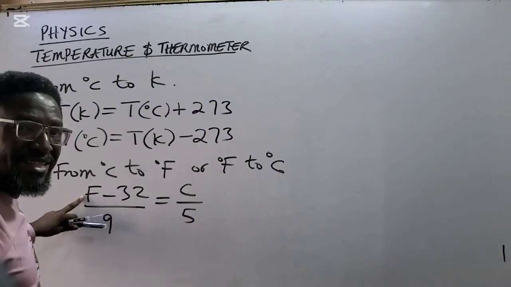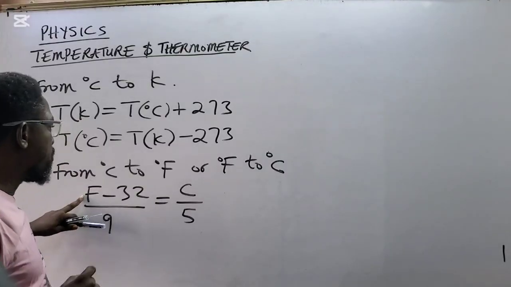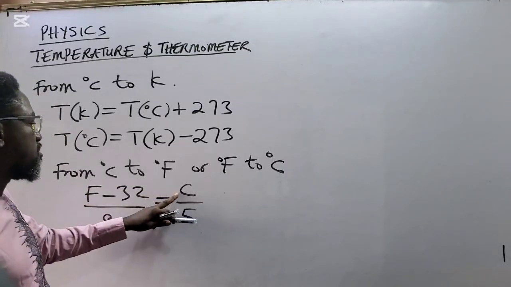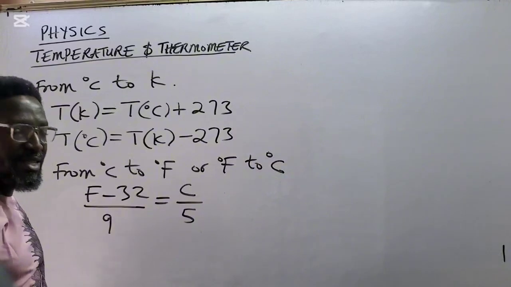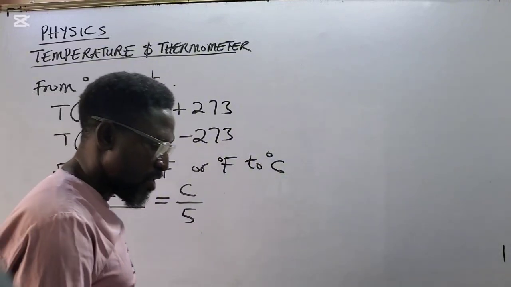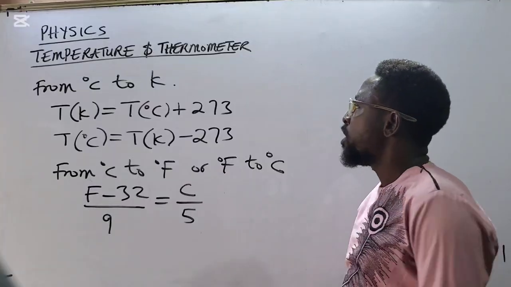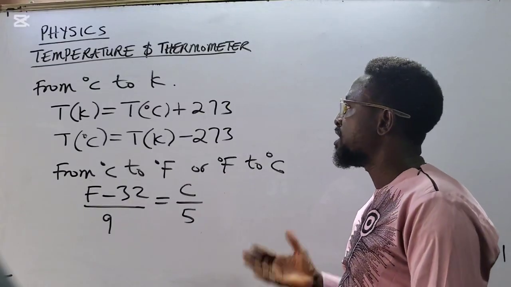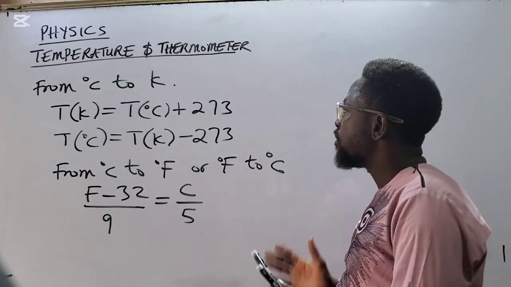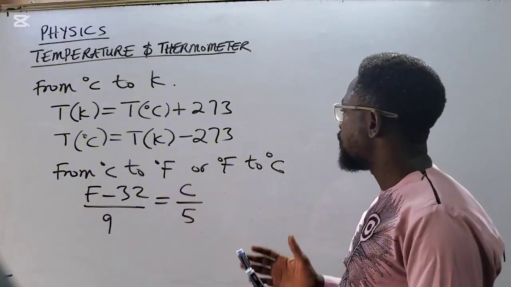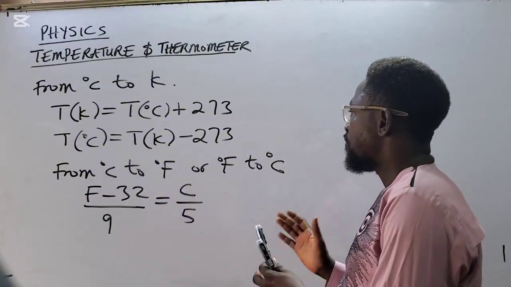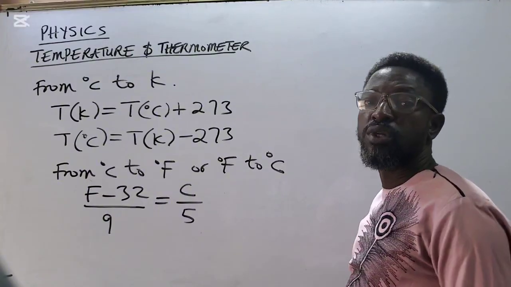F here represents the temperature in degree Fahrenheit, and C represents the temperature in degree C. If you can remember this particular formula, then you will be able to do any conversion on temperature, either from degree C to Kelvin, or from Kelvin to degree C, or from degree C to Fahrenheit, or Fahrenheit to degree C, or even to Kelvin.